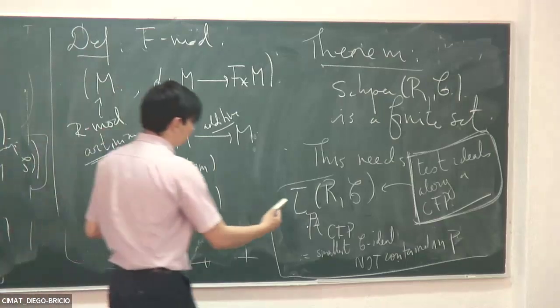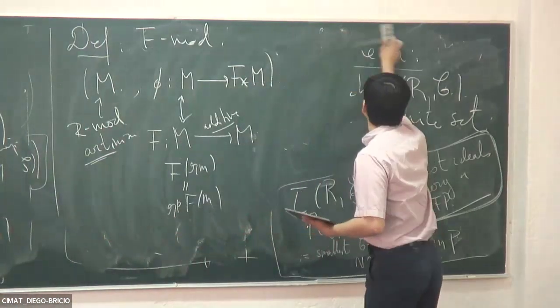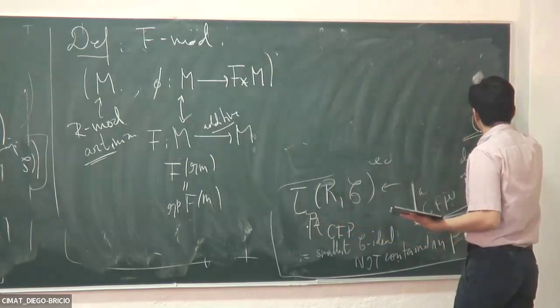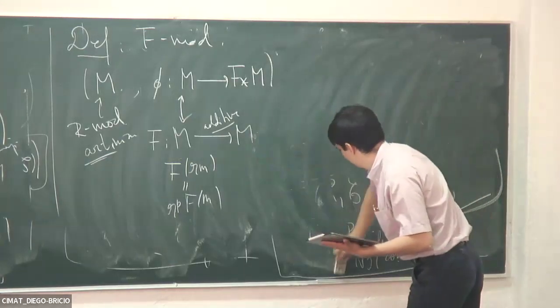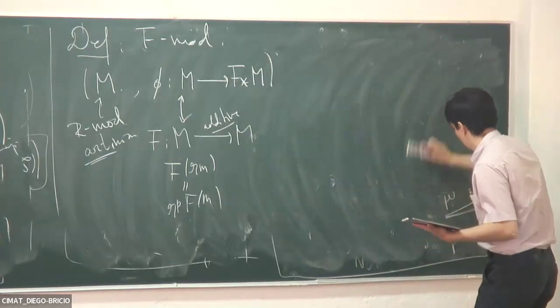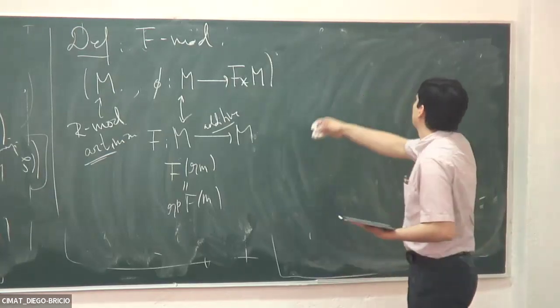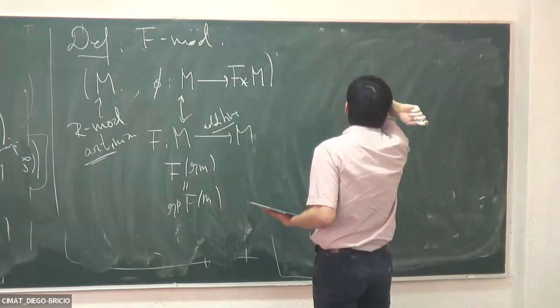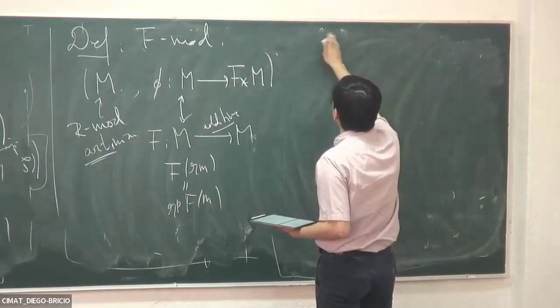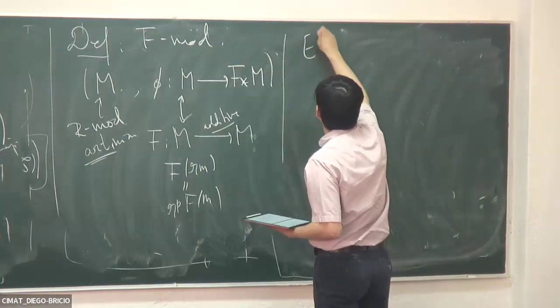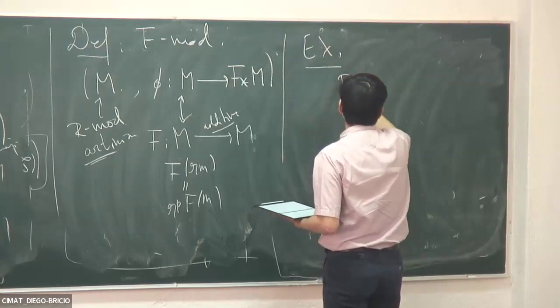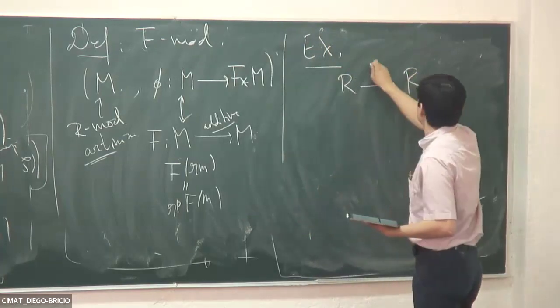So what are examples? I'll tell you in a sec what they are. But an example is, well, R itself has a Frobenius.